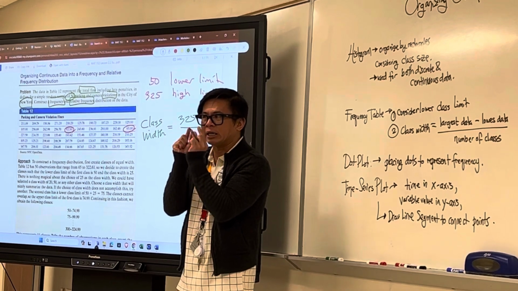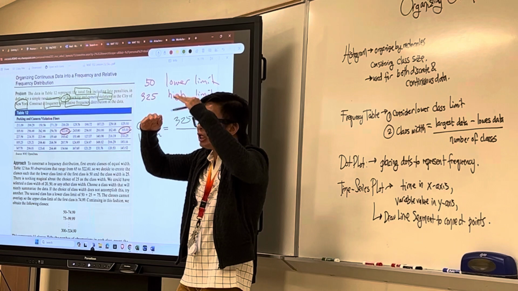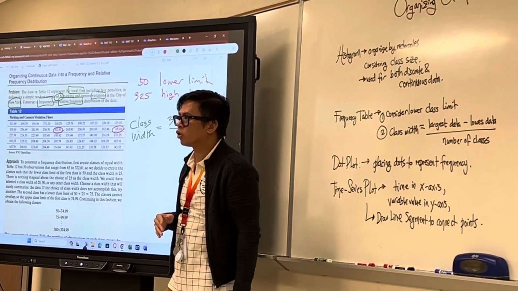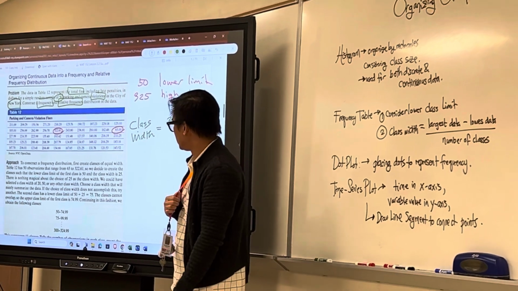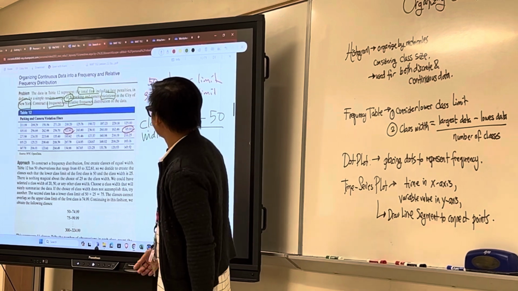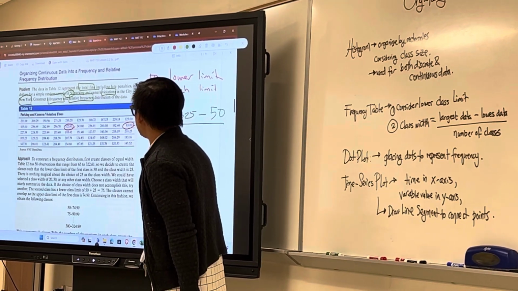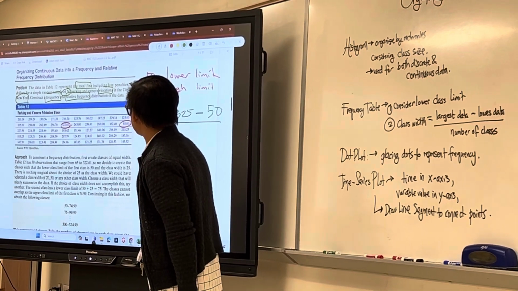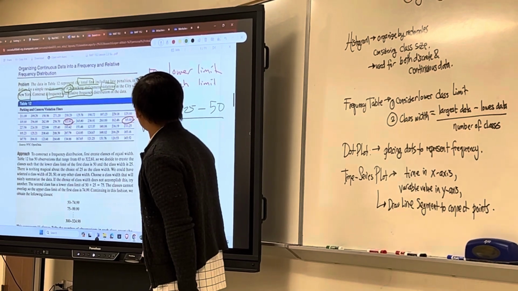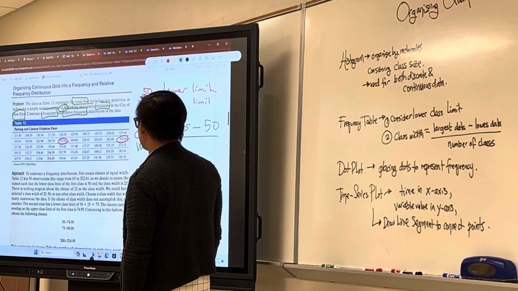Basically, the more rectangles there are, the more zoomed in, accurate, or precise your data is, right? Did it say how many classes they chose? Let's see. 25, right? So with that being said, first class size is 50.